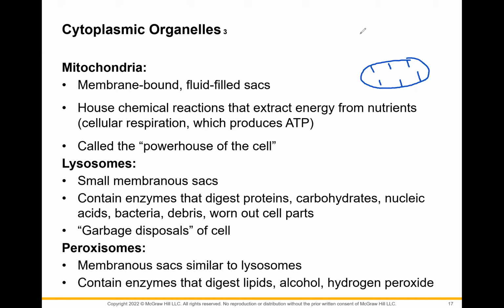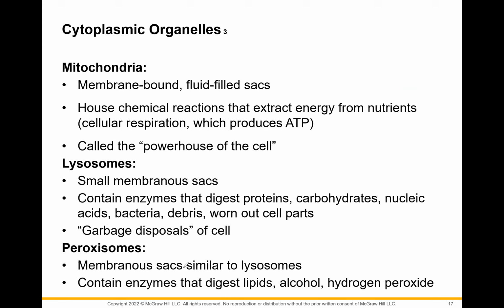We're also going to see that we have lysosomes and peroxisomes. They are difficult to distinguish when you're looking at the cell. So I wouldn't necessarily ask you to identify one or the other, or if I did, I would give a little bit more detail, because just looking at the overall picture, they look pretty similar.